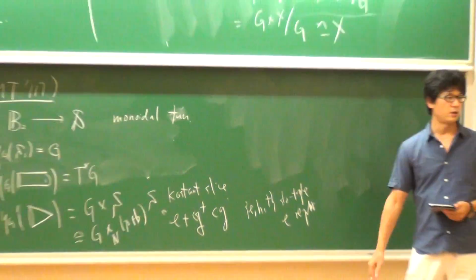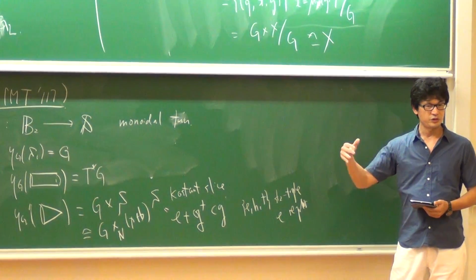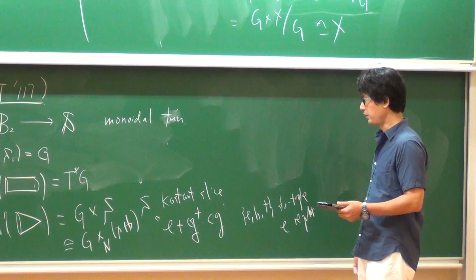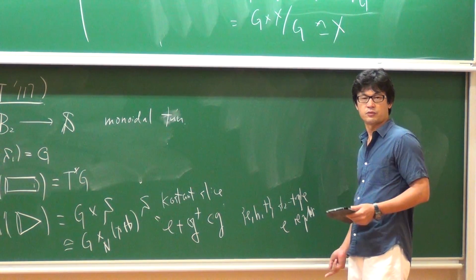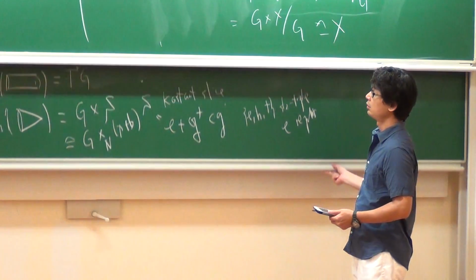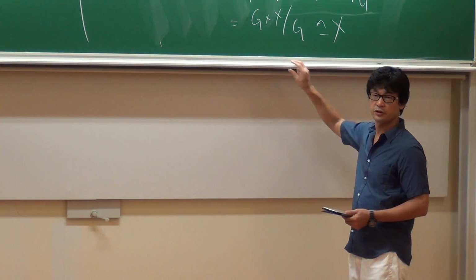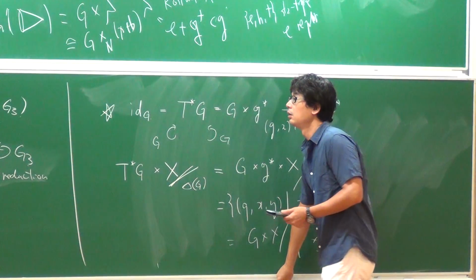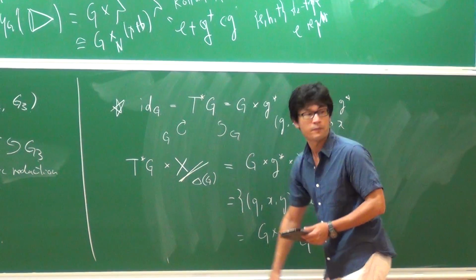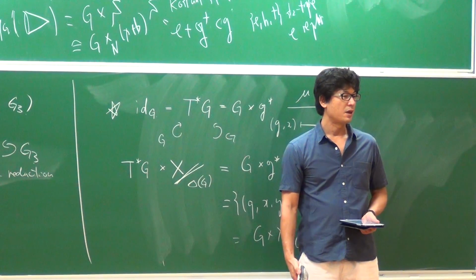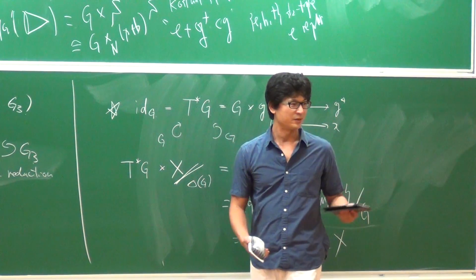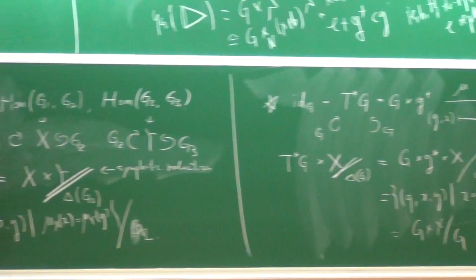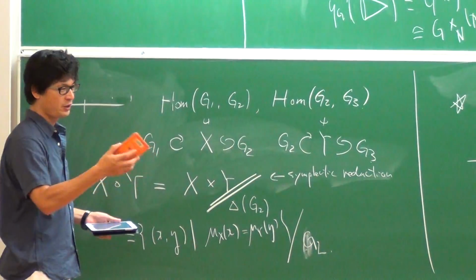So this is a conjecture which is still open. How did they arrive at this? I will explain in the third section. I will not explain in detail, but I will explain where it comes from.